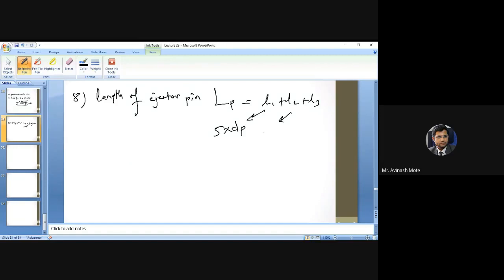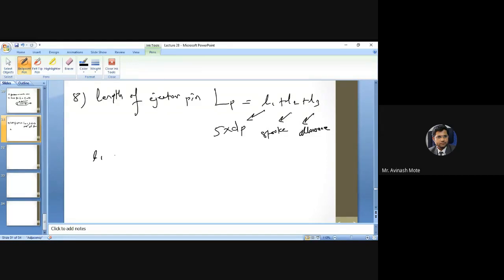This is the stroke. And I told you, if this is the size of product, okay, this is the height of product, by this much length we have to push it so that it will be completely removed out of the mold. Okay, by this much. Okay, depending on the height, it will decide the stroke. And this is the allowance. Let's calculate one by one.